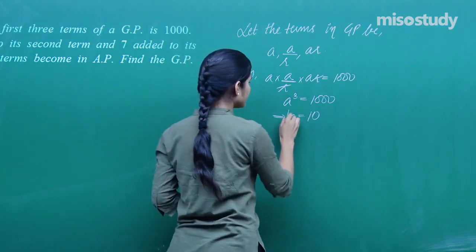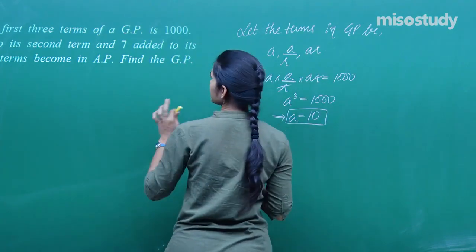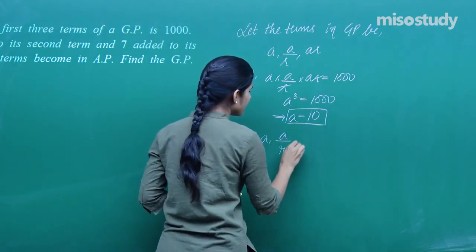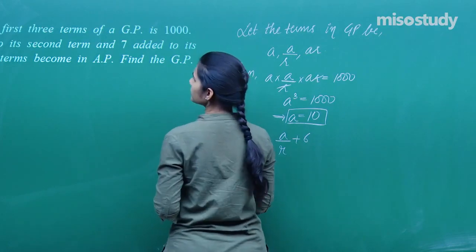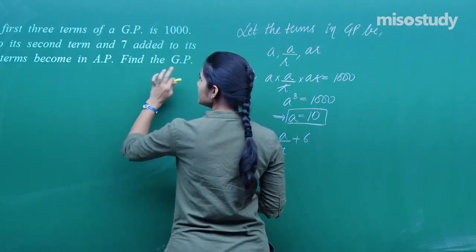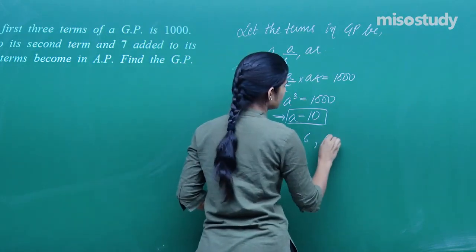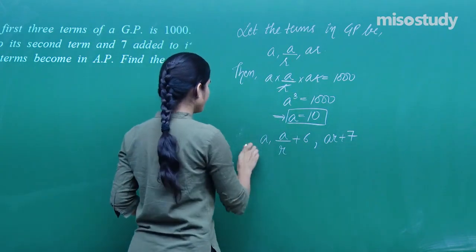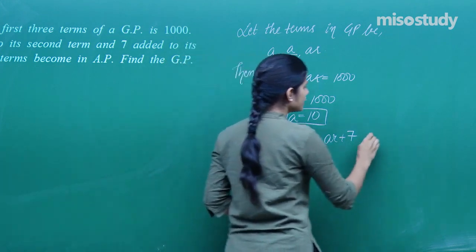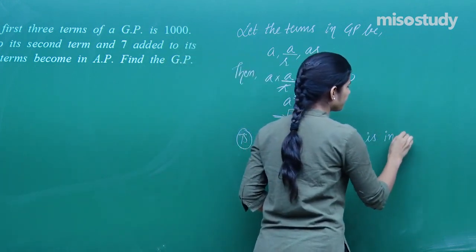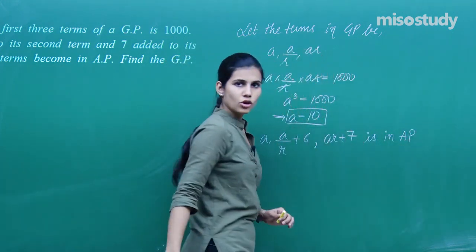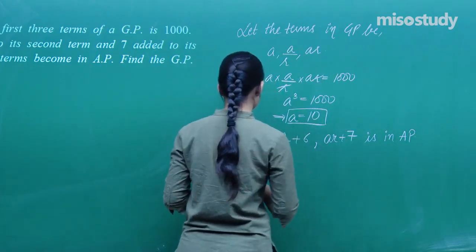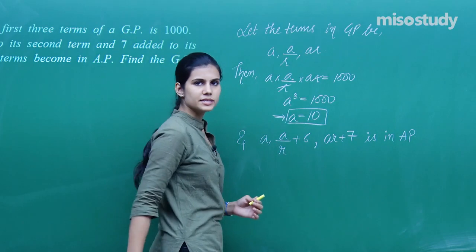Then it is given that if 6 is added to the second term, the first term remains as it is, the second is A by R. If 6 is added to the second term and 7 is added to the third term, then this is an AP. We do not have to show it, we are given that this sequence of 3 terms is an AP.